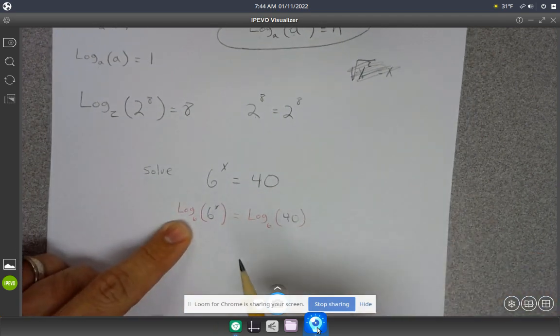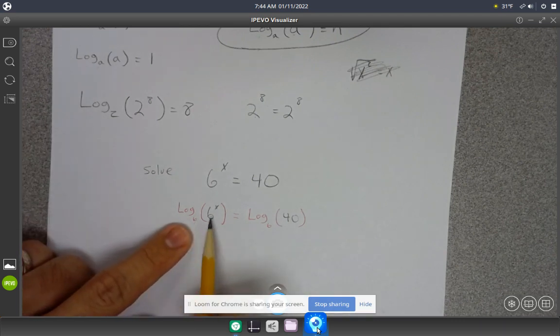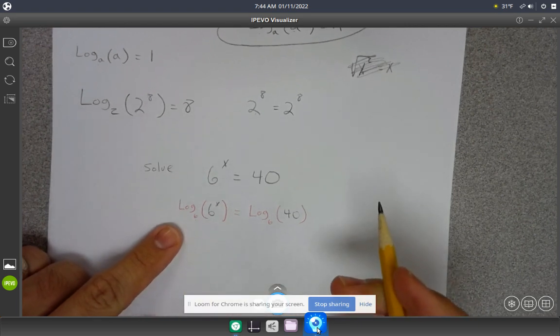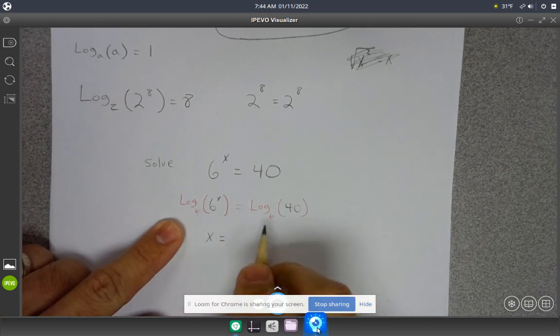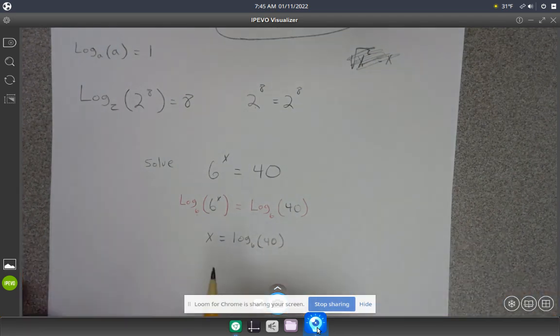Now doing this is going to end up solving this equation for me. Because I have log base 6 of 6 to some power, the log and the exponential just cancel each other out, and so I'm left with x. And the right-hand side is actually my answer. Log base 6 of 40 is my answer. Later on, I'll show you how to figure out what this is as a decimal. But that is my answer in log form.